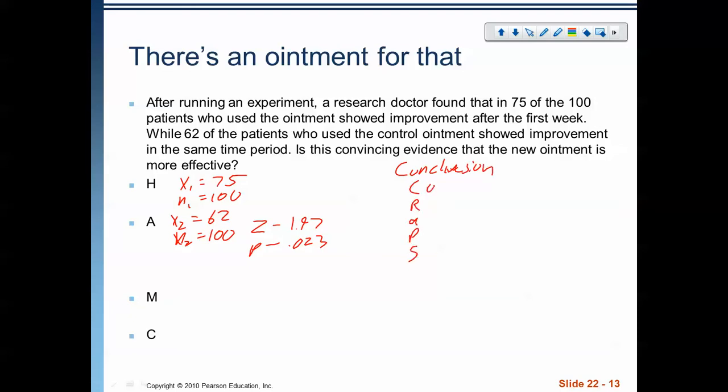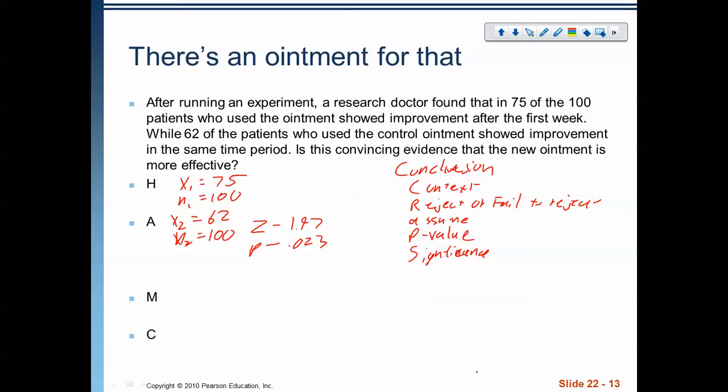Right? Context, reject or fail to reject, the assumed significance, which we were not given an alpha value in this one, so we'll create one ourselves. Generally, we use 0.05, and the last one is state your p-value.